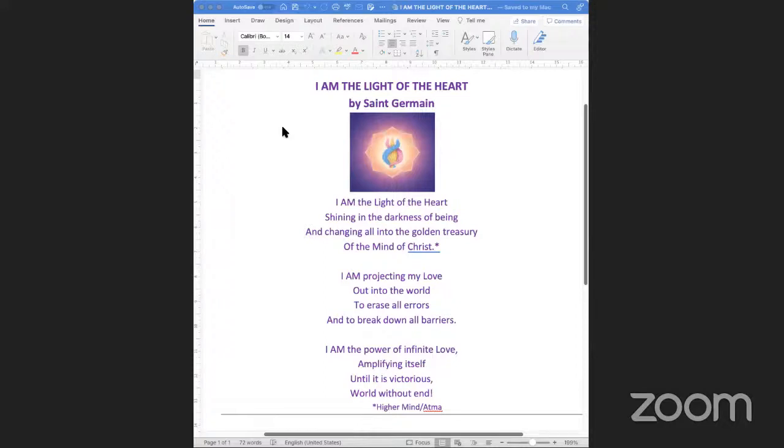Close your eyes and breathe deeply several times until you feel calm and centered. Visualize yourself seated before a beautiful altar in the secret chamber of your heart.